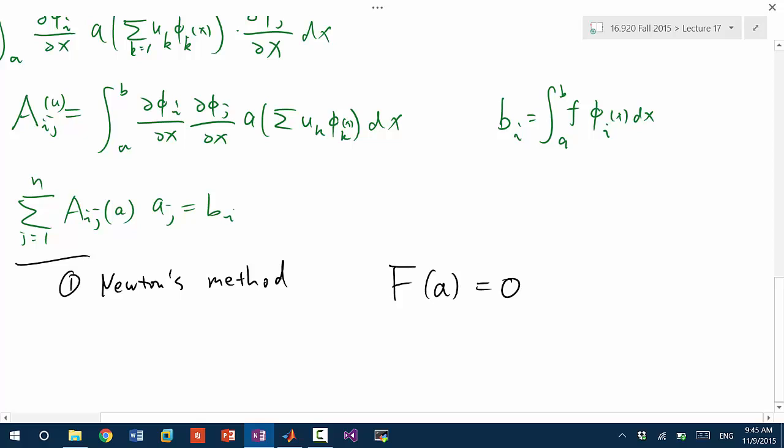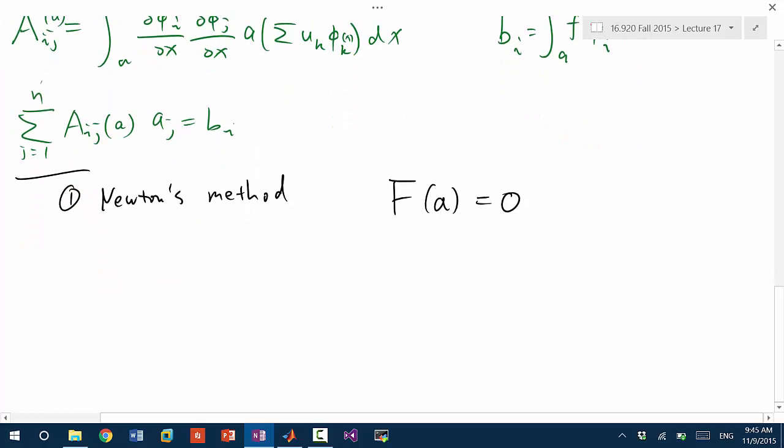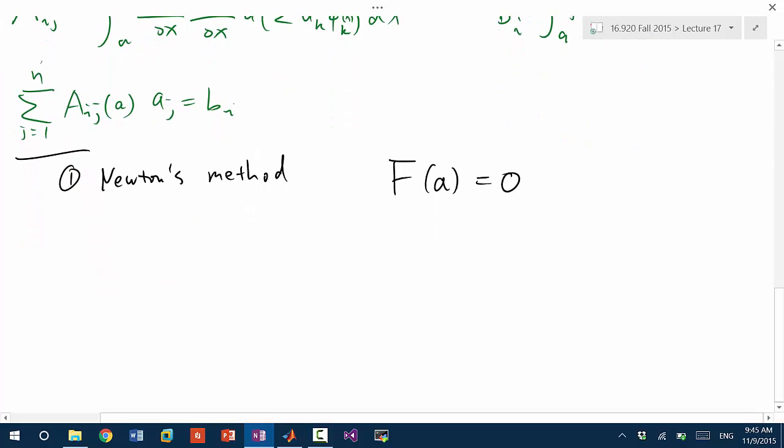Because F actually represents n multivariate scalar functions, because we have j going from 1 to n equations, and i also going from 1 to n variables.